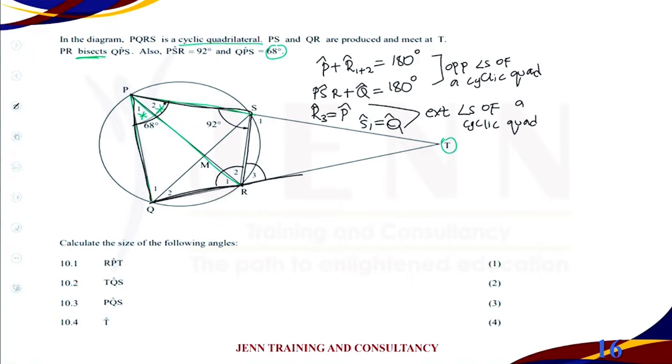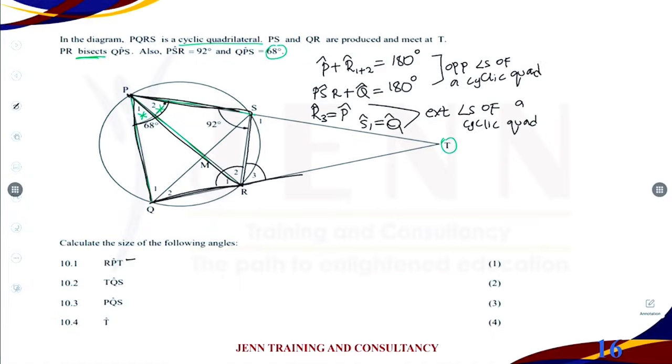Calculate the size of the following angles. Now, you are supposed to calculate the size of angle RPT. Remember, you follow the sequence: angle R, P, T. So the size of this angle, remember, you were told that this line is a bisector. The minute this line is a bisector, it halves this entire angle.